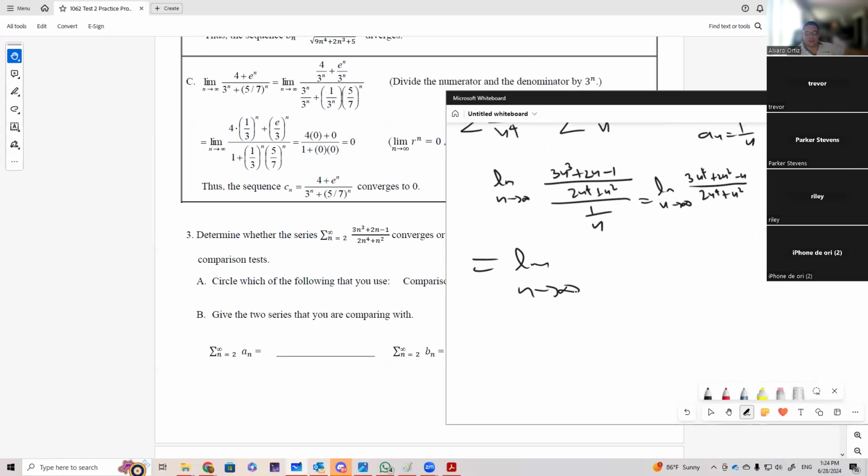I could do either L'Hopital or divide by the biggest power, but here I'm going to divide by the biggest power because it's the easiest way to go. So this is 2 plus 1 over n squared in the denominator, and here this will be 3 plus 2 over n squared, and since I have a minus here and I'm dividing by n to the 4, minus 1 over n cubed. Does that make sense so far?